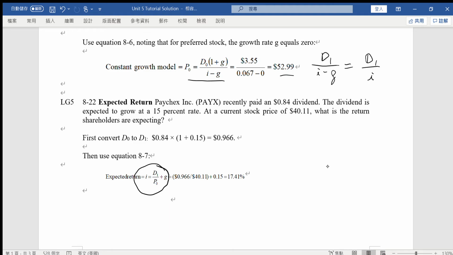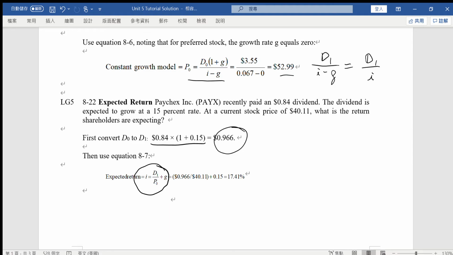Now the dividend is expected to grow at a 15% rate, and because of that, D1 will be equal to 0.966. After we work out D1, we substitute into the formula, and D1 over the price is 4.11%, and that will be the capital gain portion.